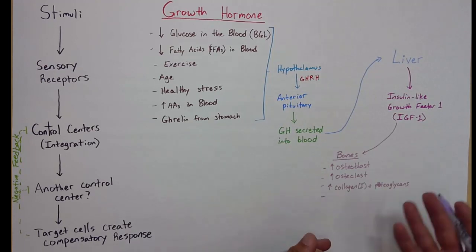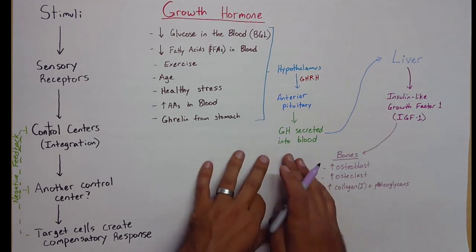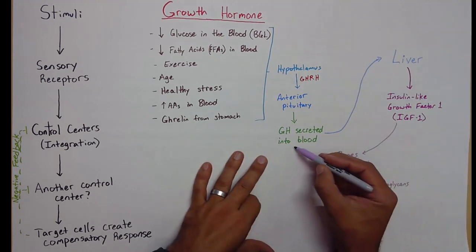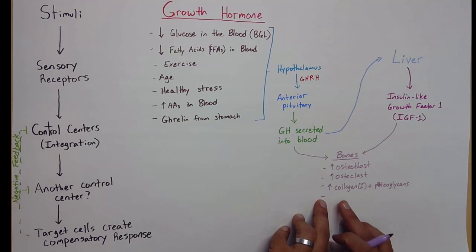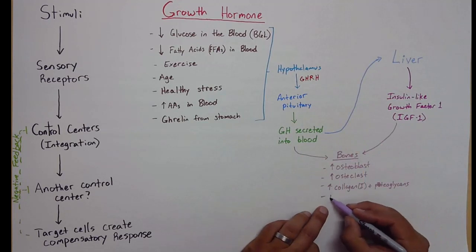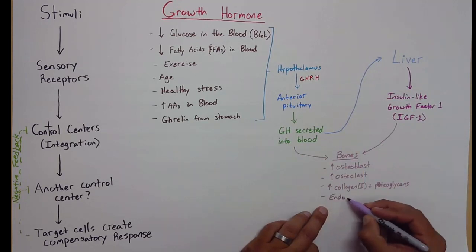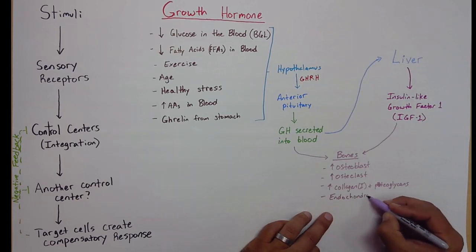Bones in the presence of IGF-1, and you guys are going to see also the presence of growth hormone, it's going to help to enhance all these functions as well. For instance, the growth of the width of the bone specifically, which maybe you recall is called endochondral ossification.